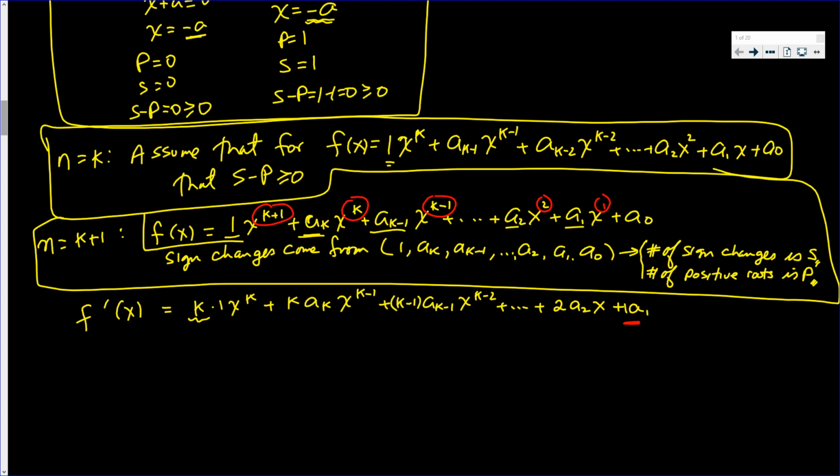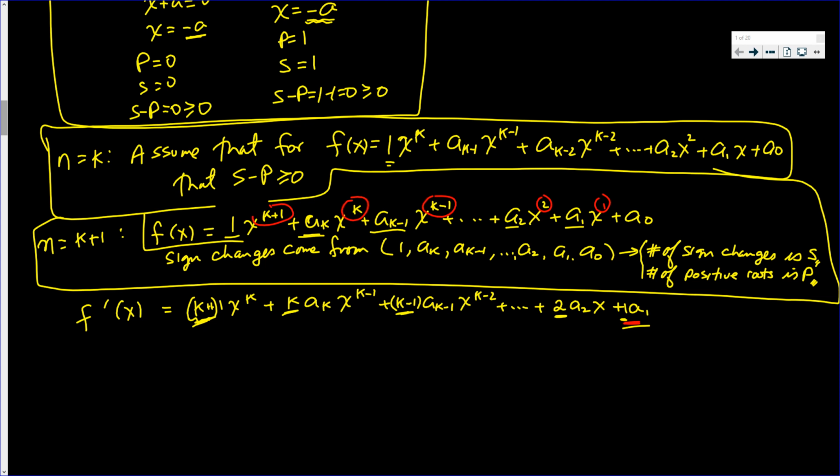Sorry, when I bring down the k plus 1 in front, it should be k plus 1. Okay, this is positive. This is positive. This is positive. This is positive. And the 1 is positive.